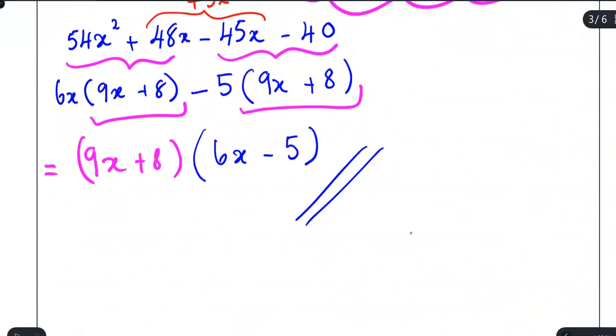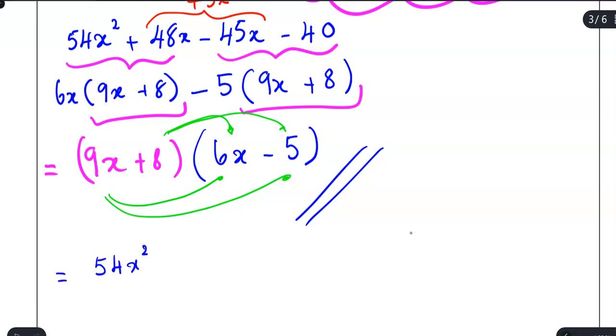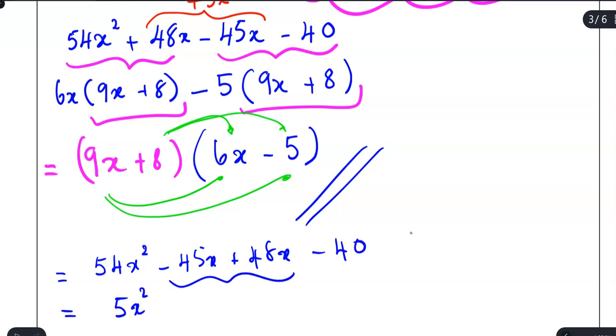If you want to check your answer, you can always multiply them out and see if you have the correct answer. This will give me 54x squared minus 45x plus 48x minus 40. Combining the two terms here, I should have 3x minus 40, which is equal to the original expression that they asked us to factor.